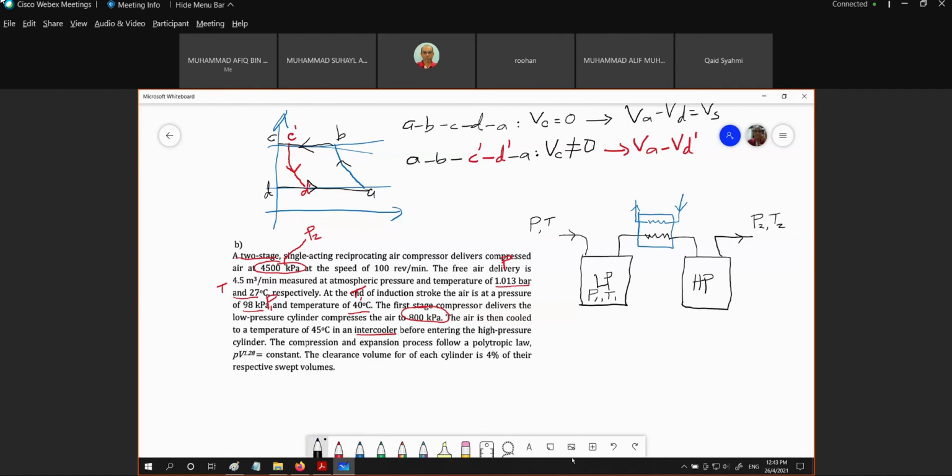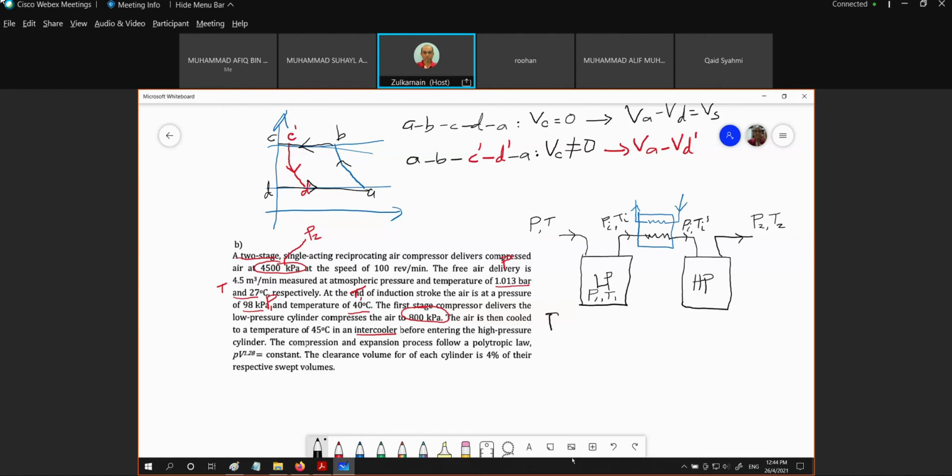Let's say this is our PI, TI. This is our PI, TI prime. Now let's put all the values right here as far as the pressure and temperature are concerned.